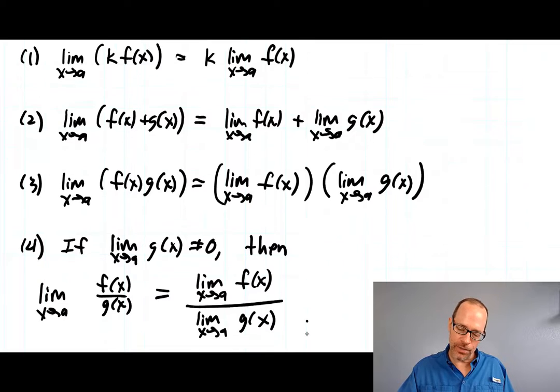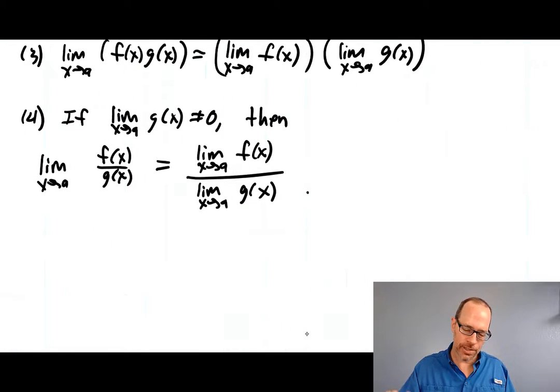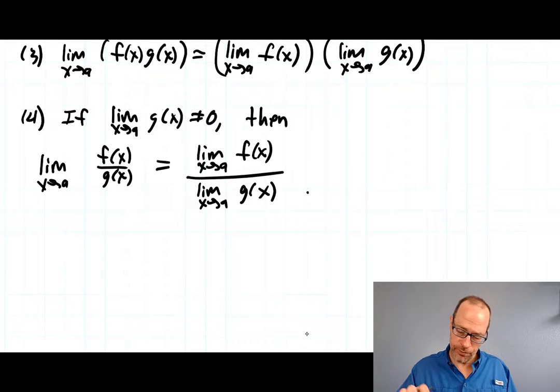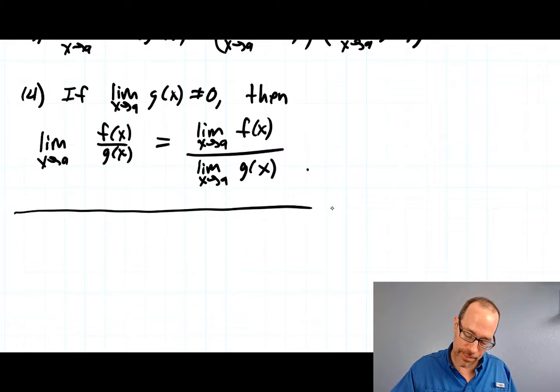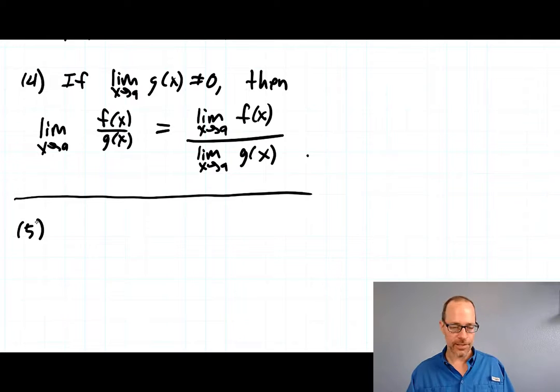I'm going to add an extra one here that I wouldn't just memorize, but it's useful in this section and later will be kind of a result of a much more general thing called continuity. So don't view this as a basic law, but just for the time being, for this section only, it is a law.